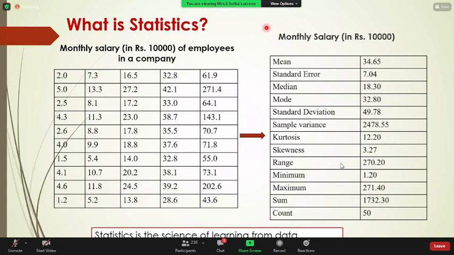I'm saying that the median divides the set of data into two equal parts, right? 50% of the data is below the median and another 50% of the data is at the median or above the median.